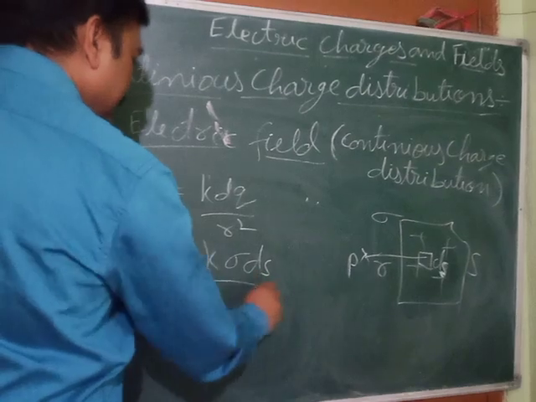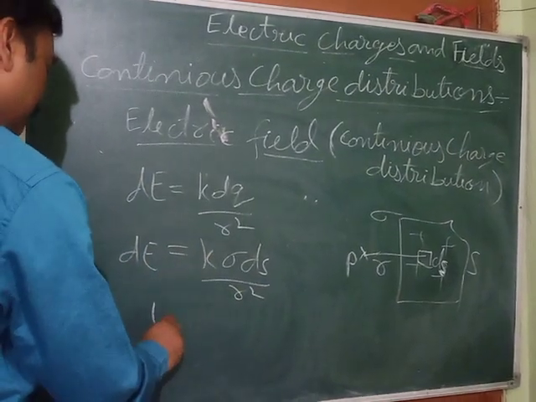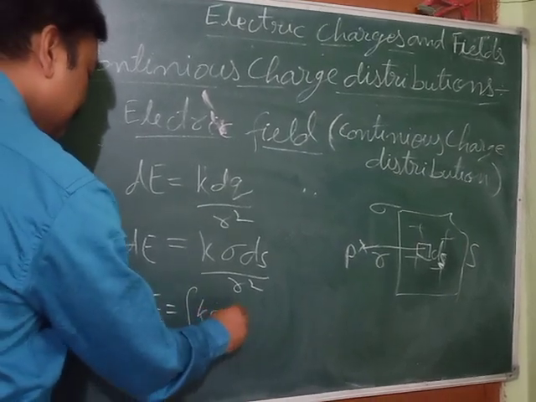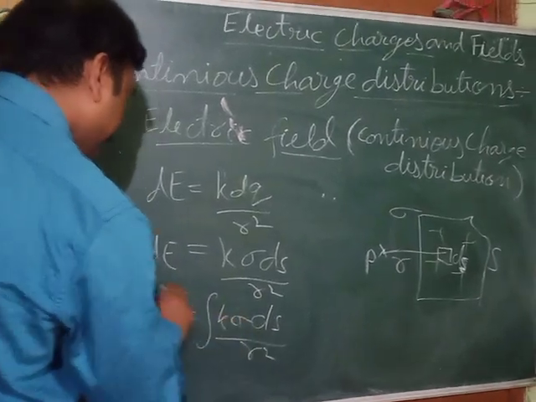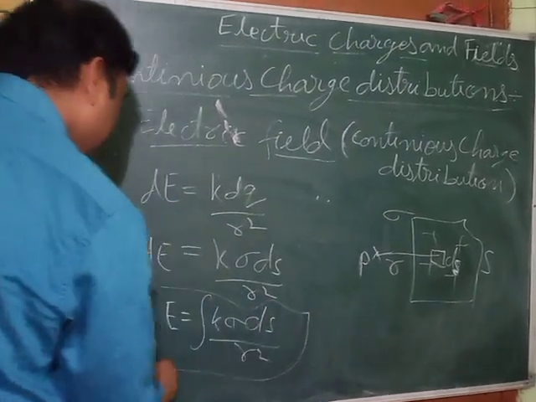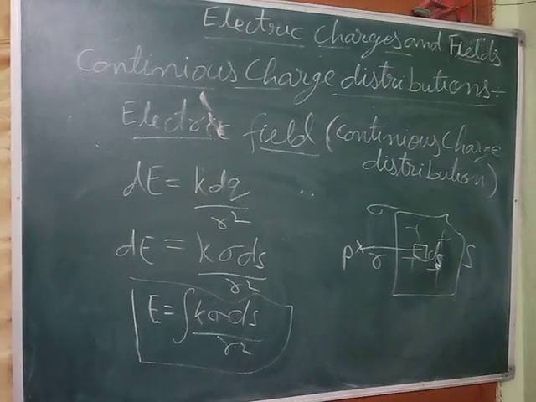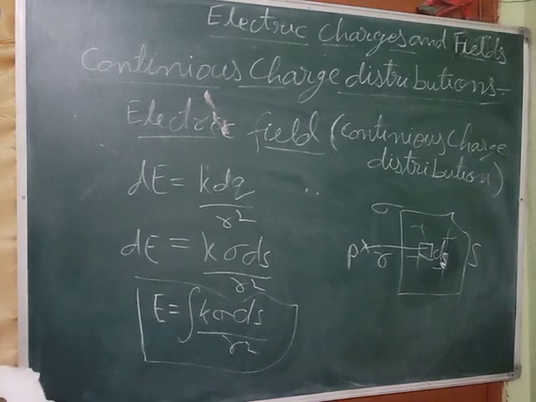So dE is k sigma ds upon r square, and E will be the integration of k sigma ds by r square. In this way we can get the electric field intensity due to a charged two-dimensional body.